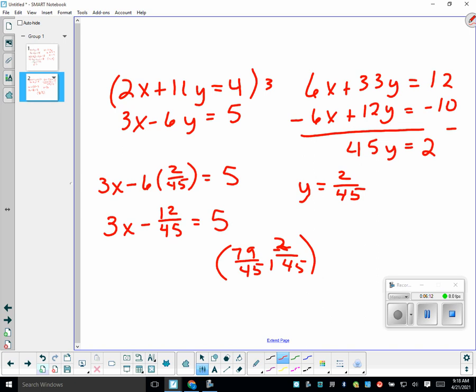Okay, so we can do substitution, or what do you all call it? Elimination? What if they give you a choice? Oh, by the way, what happens if everything subtracts out? Have you had that happen before?